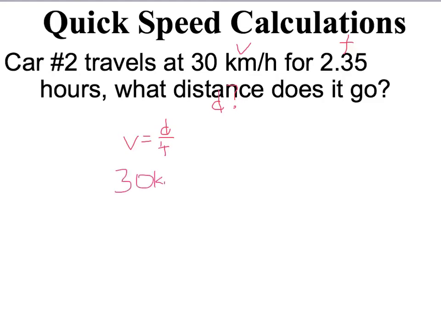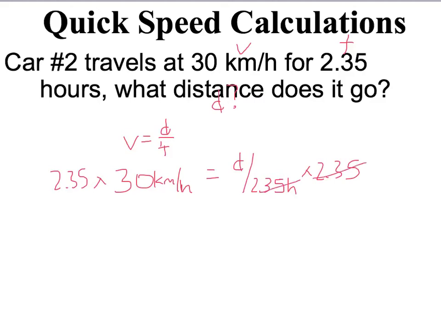And let's plug in what we know. 30 kilometers per hour is the speed. We don't know the distance, but we know that the time is 2.35 hours. To clear that 2.35 from the bottom, we have to multiply both sides by 2.35, which cancels 2.35 on this side.